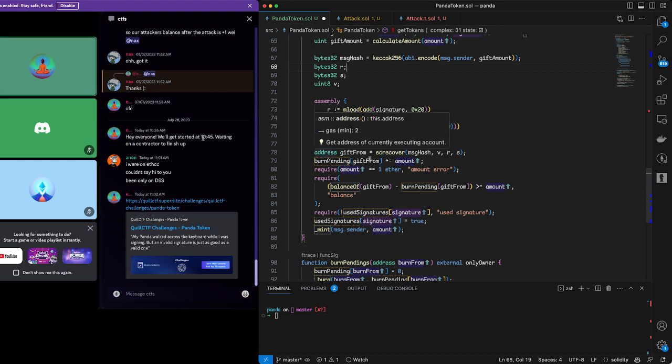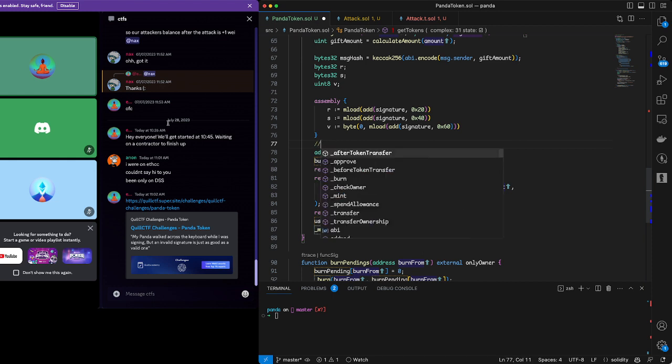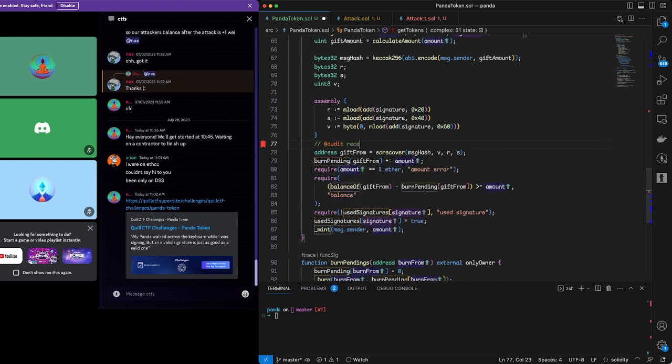And then here, address gift from, it's recovering the signer address from the signature variables and the message hash.